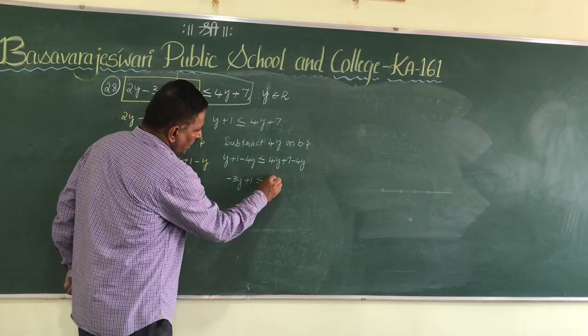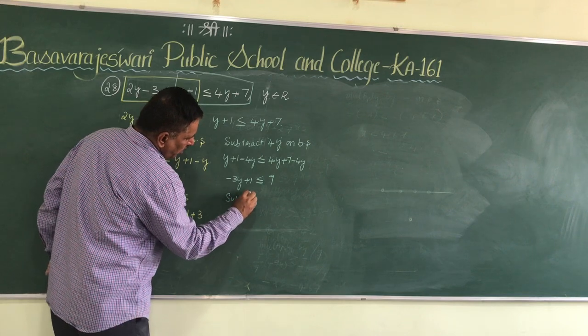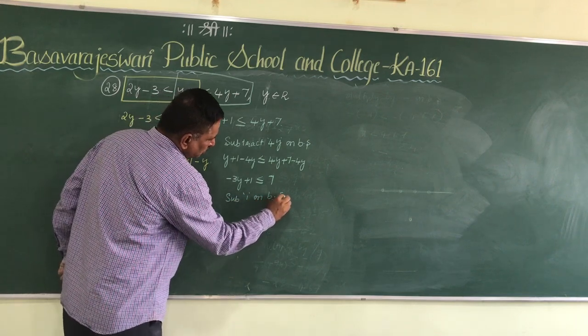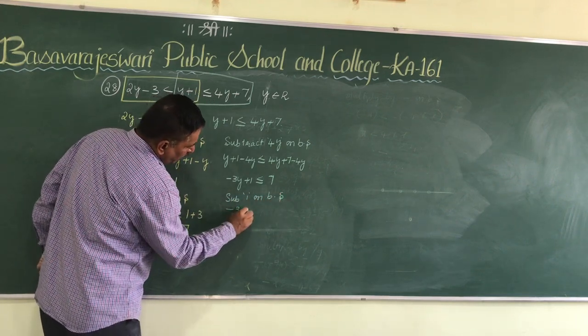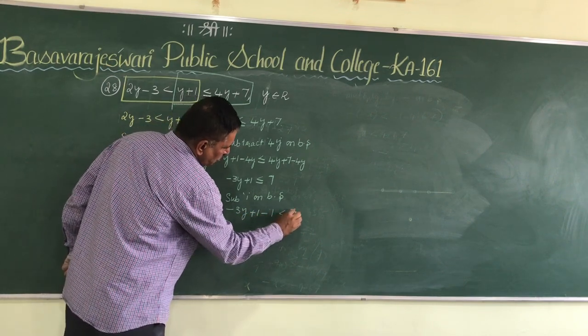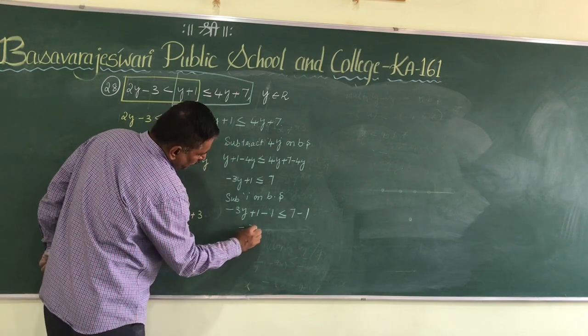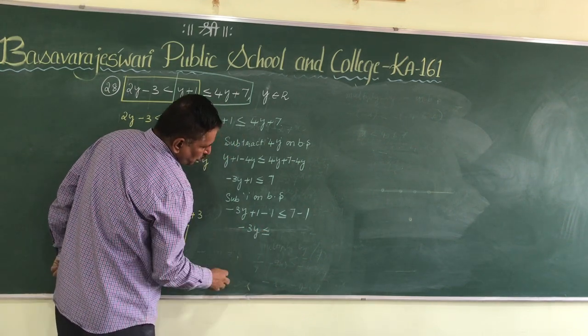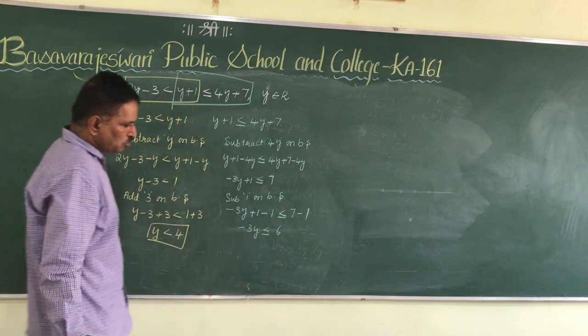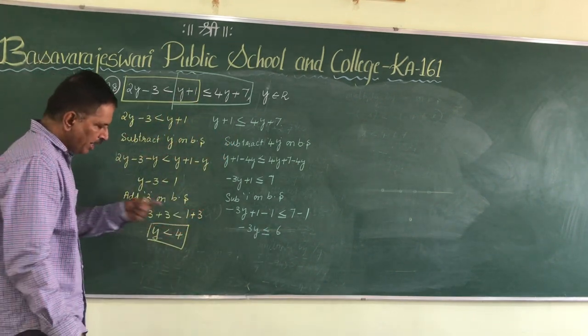Then I have to remove 1. So subtract 1 on both sides. Minus 3y plus 1 minus 1 is less than or equal to 7 minus 1. So minus 3y is less than or equal to 6. I want only y, not 3y or negative 3y.